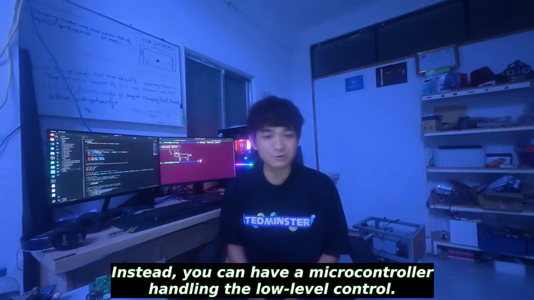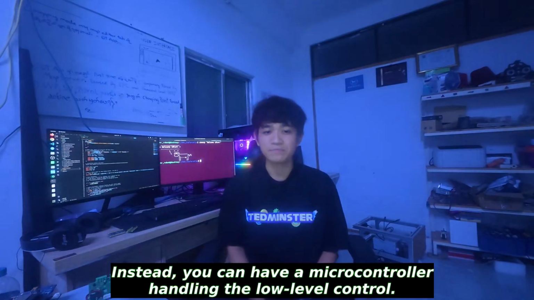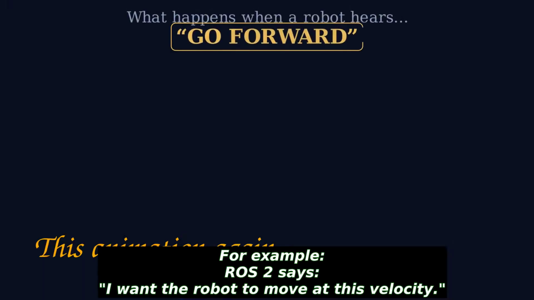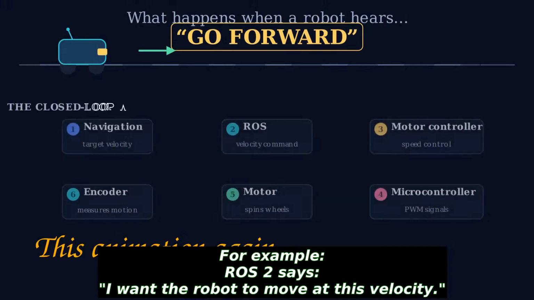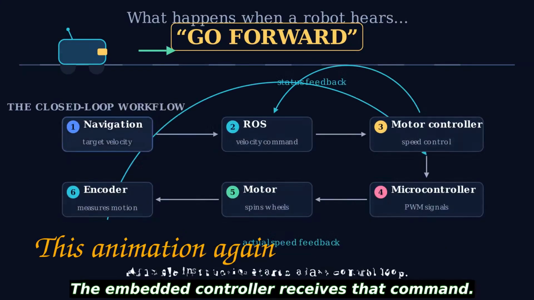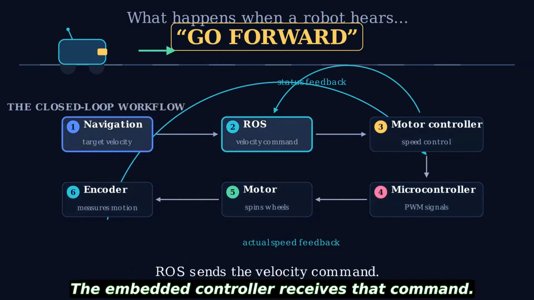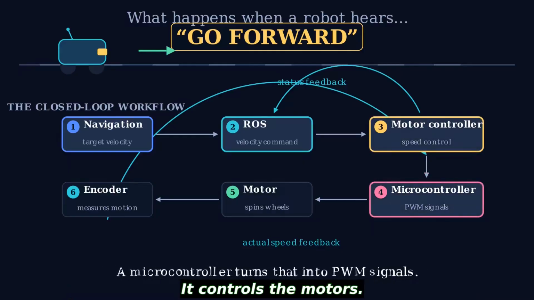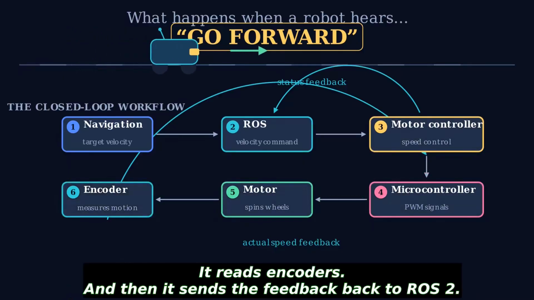Instead, you can have a microcontroller handle the low-level control. For example, you say I want the robot to move at this velocity, and the embedded controller receives this command. It controls the motor and reads the encoder, and then it sends the feedback to ROS2.